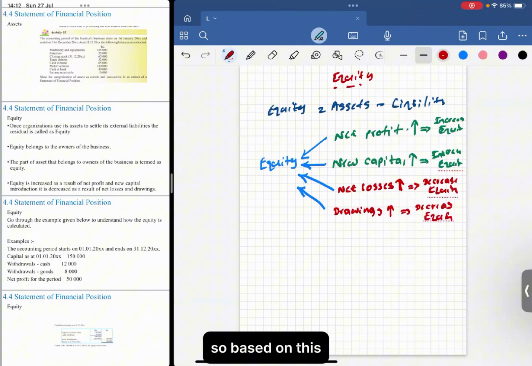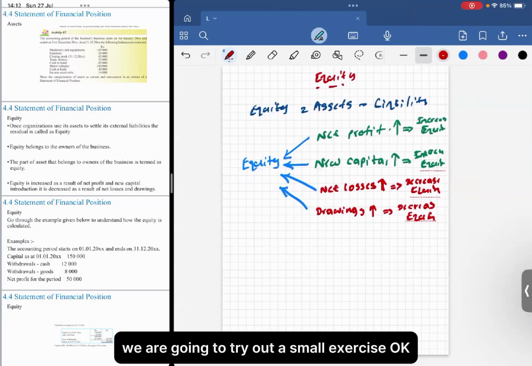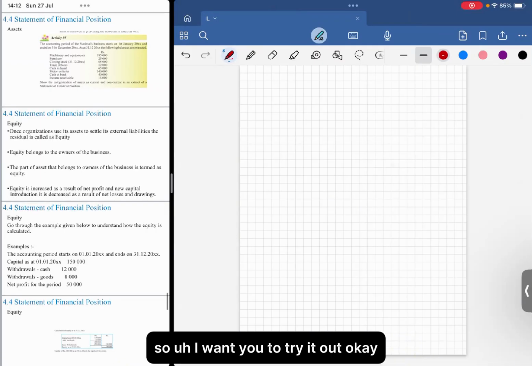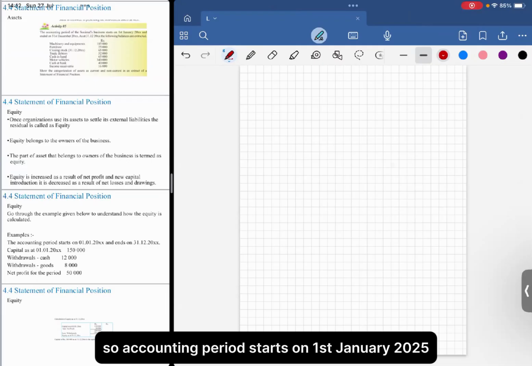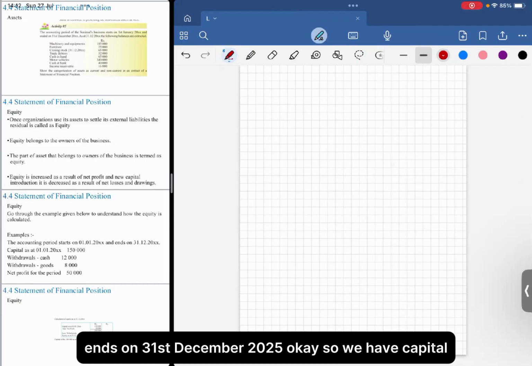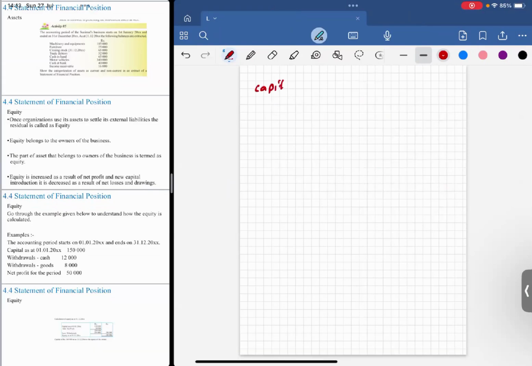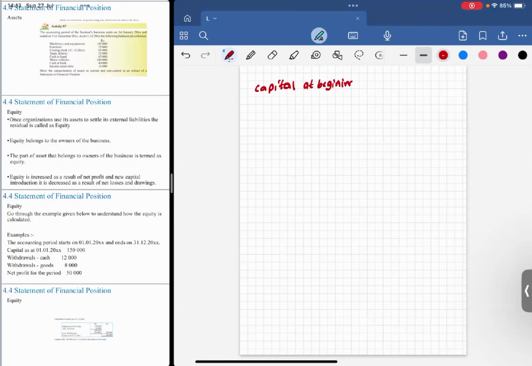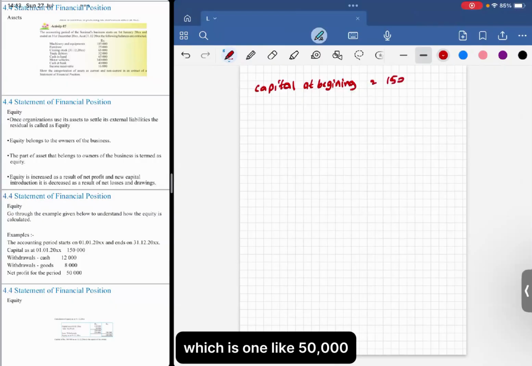Based on this, we are going to try out a small exercise. Going through the example given below, understand how the equity is calculated. The accounting period starts on 1st January 2025 and ends on 31st December 2025. We have capital at the beginning, which is 1,50,000.